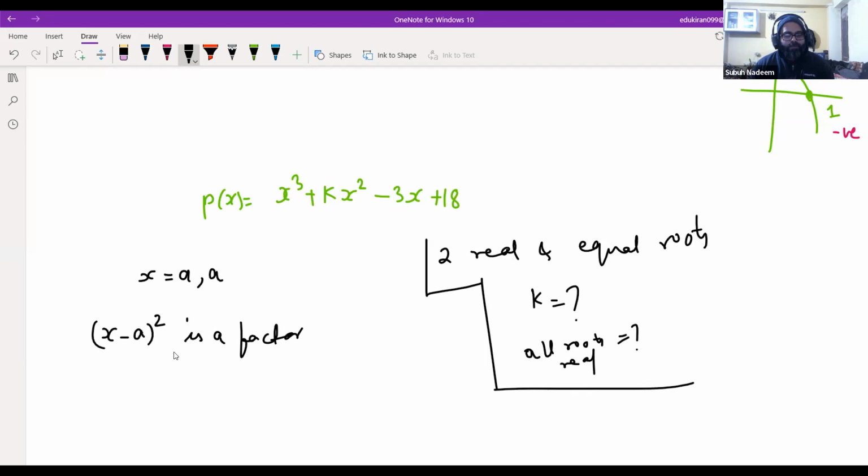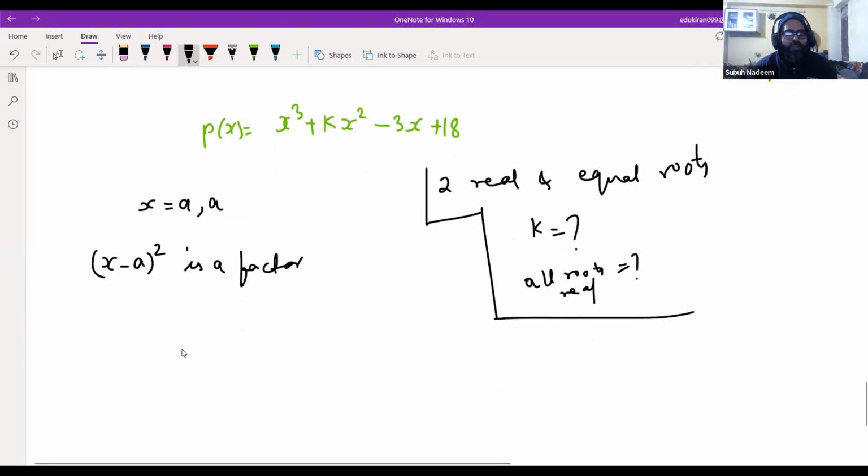Now, if x minus a whole square is a factor, there is a calculus method also, but we can't apply the calculus method here. So what we need to do is, if we put a or we divide by this, x square into x plus k.